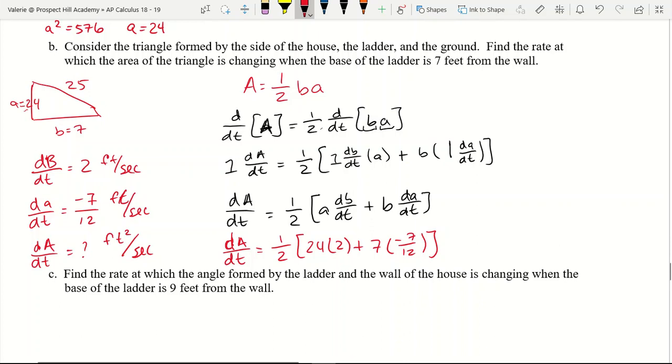Which is approximately equal to 21.9583 repeating feet squared per second.